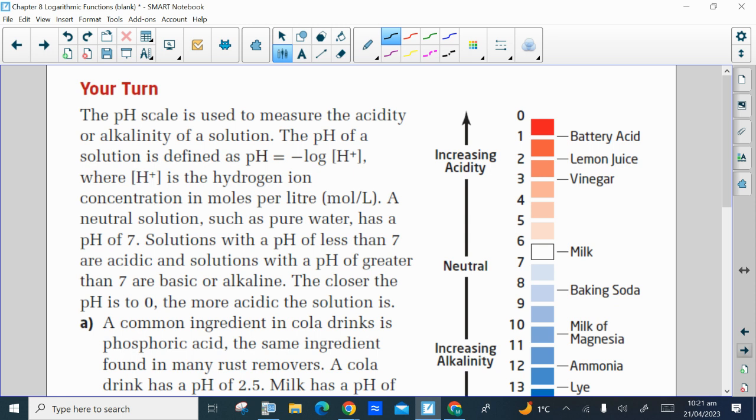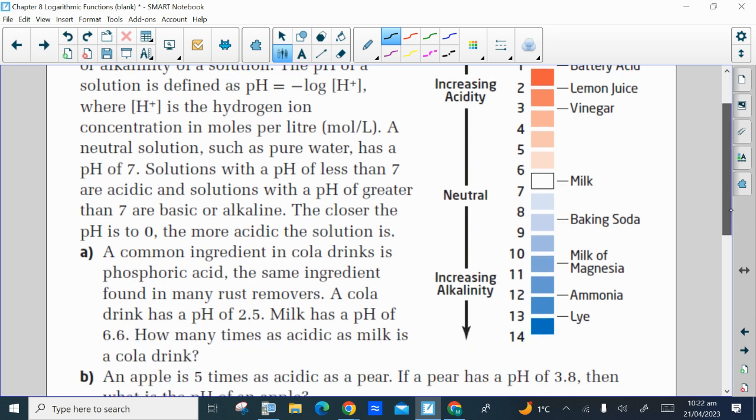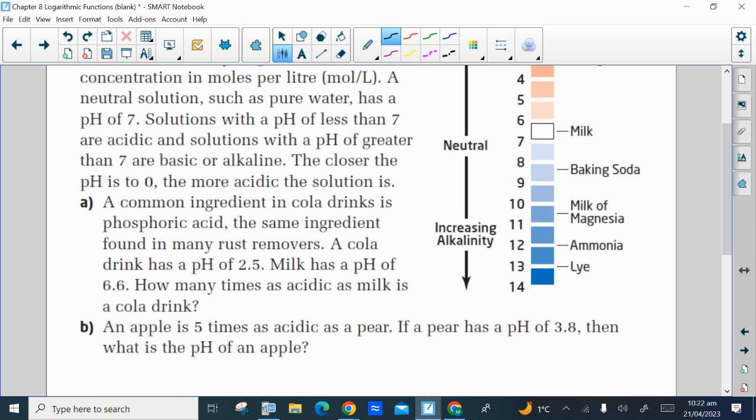Solutions with a pH of less than 7 are more acidic, whereas solutions with a pH greater than 7 are more alkaline. The closer the pH is to 0, the more acidic the solution is. A common ingredient in cola drinks is phosphoric acid, the same ingredient found in many rust removers. Isn't that nice? A cola drink has a pH of 2.5, whereas milk has a pH of 6.6.